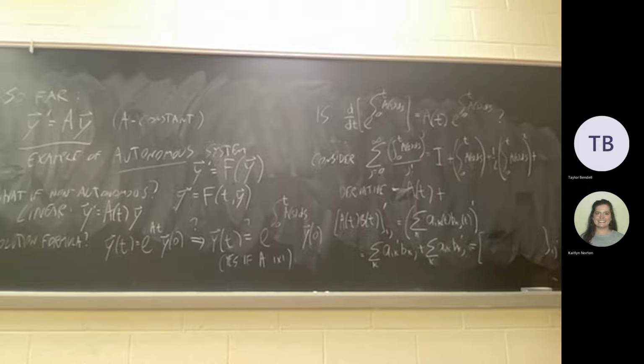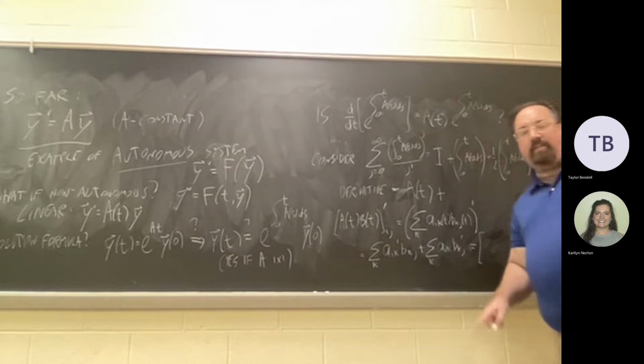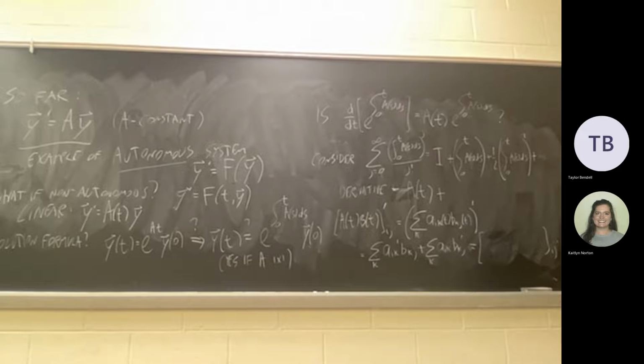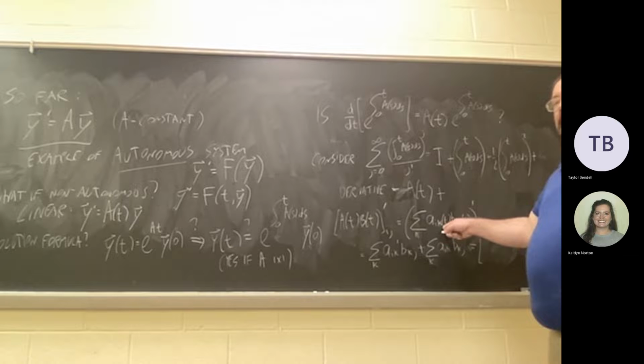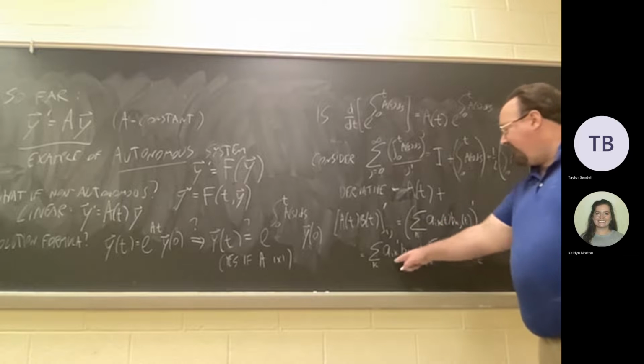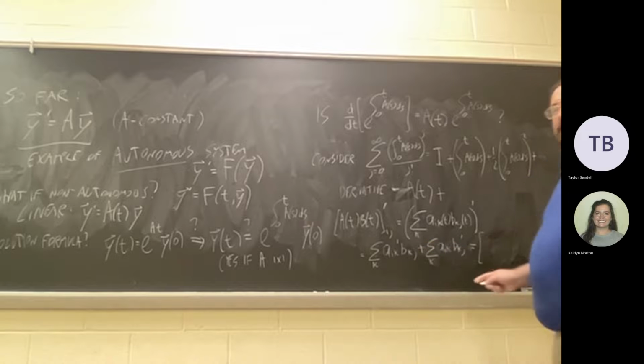We have two of them because it's the product rule. So what matrix products do we have represented by these summations? Like here, this matrix product gave us this. Here we have similar expressions that represent products of which matrices?